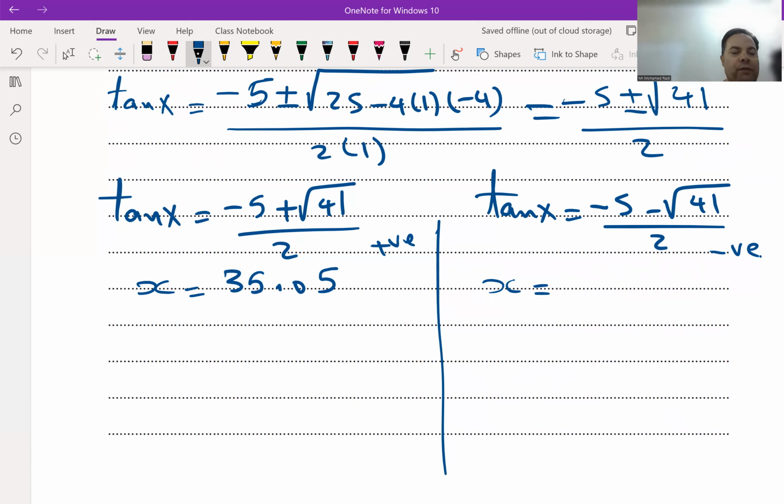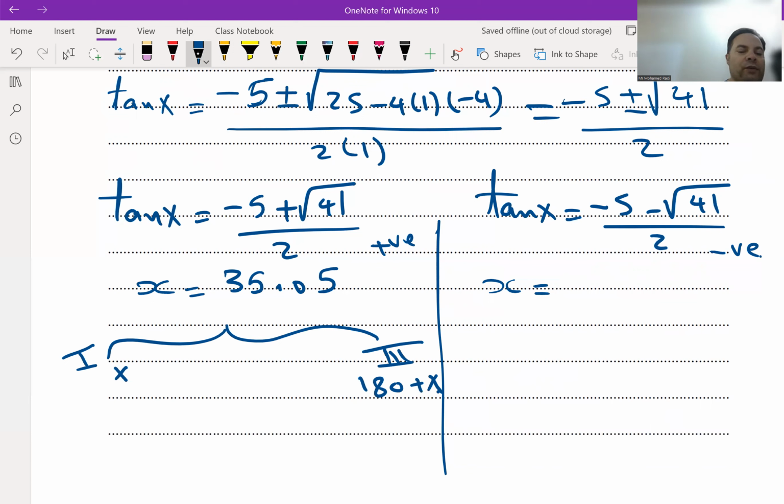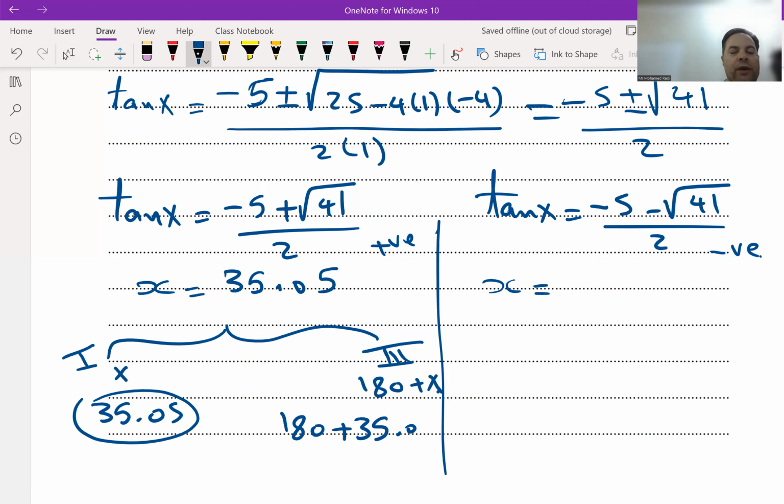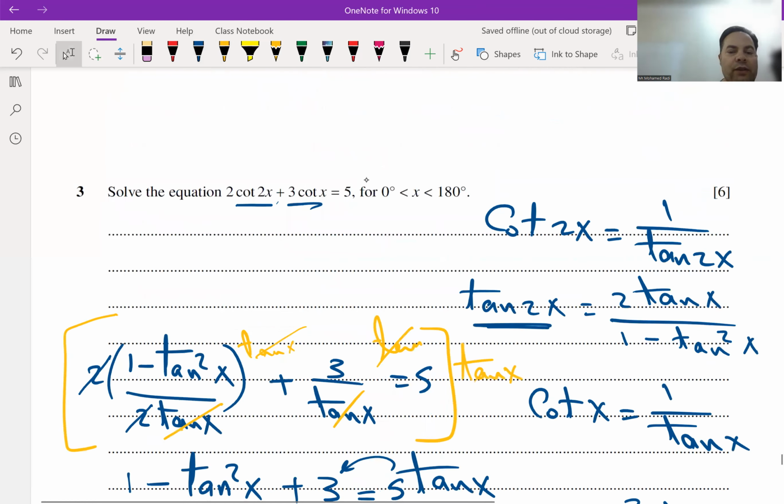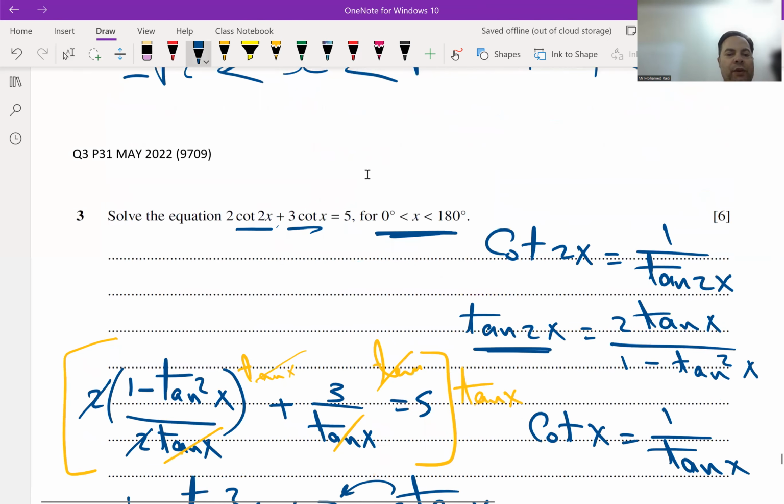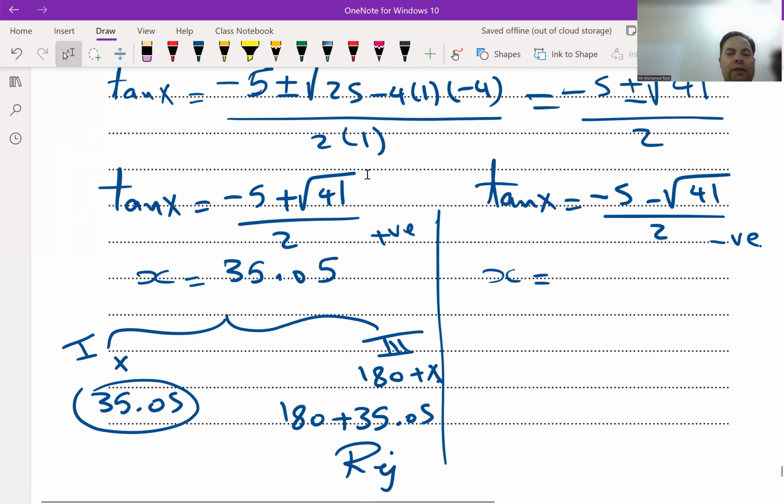But tan is positive, in which quadrants is tan positive? First and third. First is x, third is 180 plus x. So the first solution is 35.05. The second solution is 180 plus the principal angle, but this value is rejected because of the range of values of x. What is the range of x? From 0 to 180. So this value is rejected.